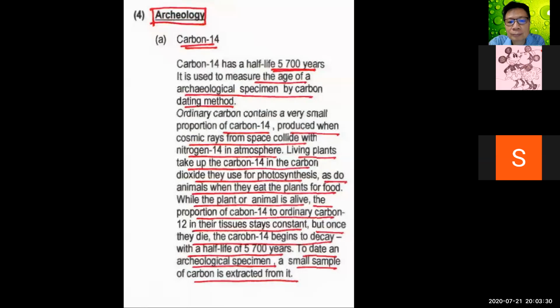Through the food that we eat, that we consume. Yes, through the food we eat. When you eat vegetables, fruits, meats, it will come into our body, correct or not? Okay, thank you. Okay, next.